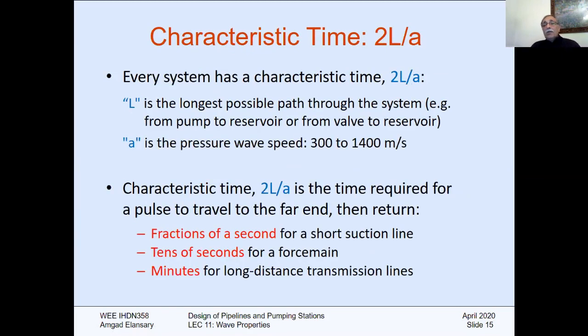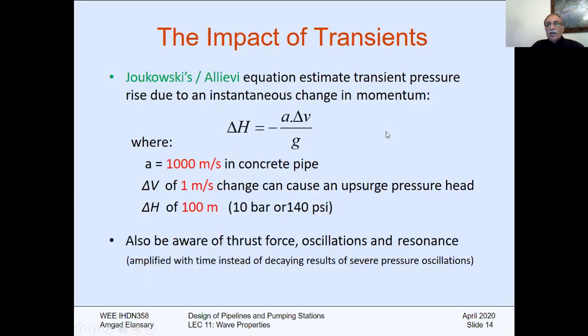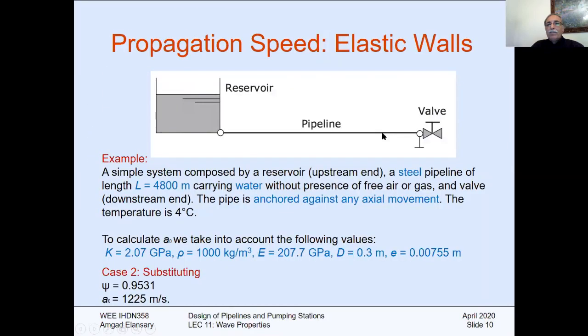Characteristic time, another parameter we need to learn, which is called 2L over A. L is the length of the pipe from the pump to the reservoir, or from the valve to the reservoir. So for example, if you have the reservoir, the pipeline, and the valve, this is the length, L here.